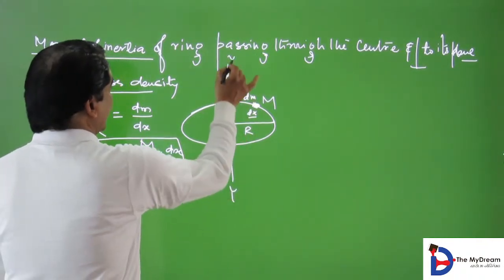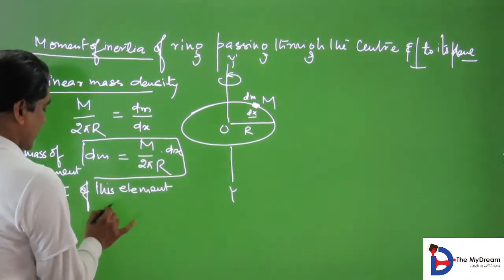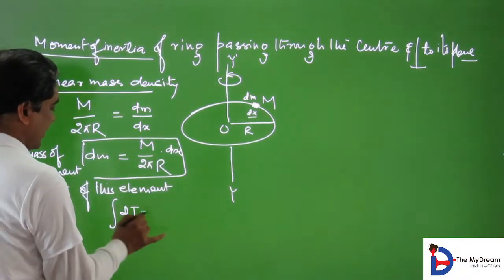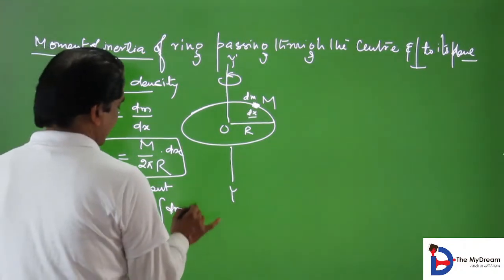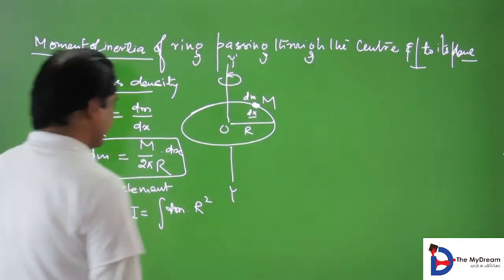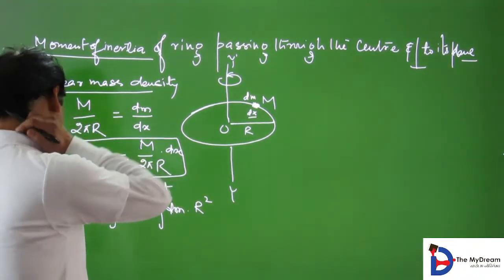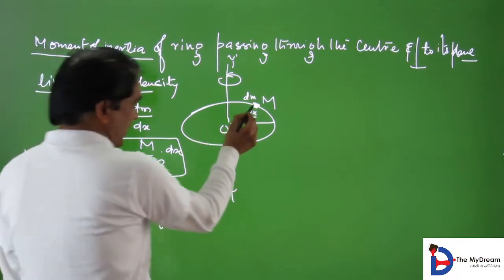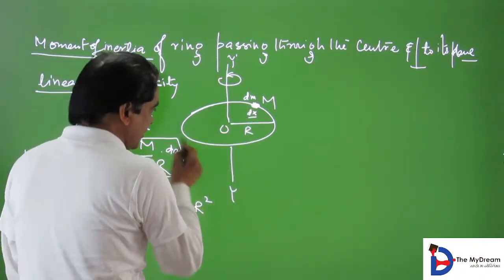Then you can write the moment of inertia is given by delta m and radius squared, and the limit is, the maximum limit is 0 to 2 pi r.